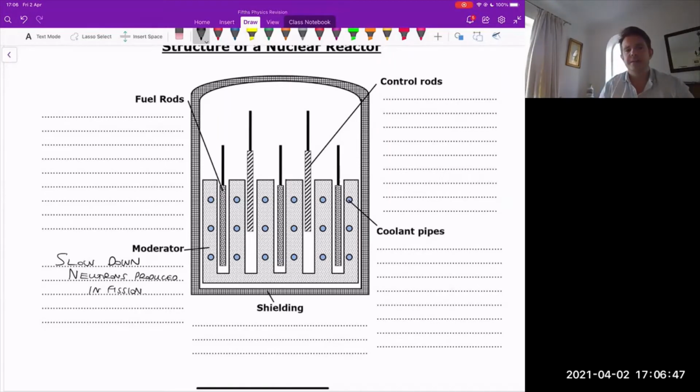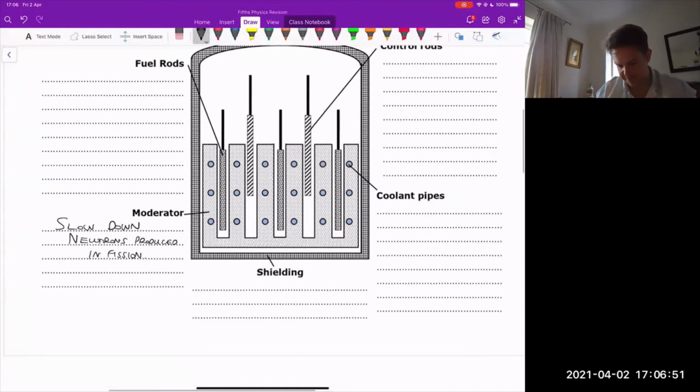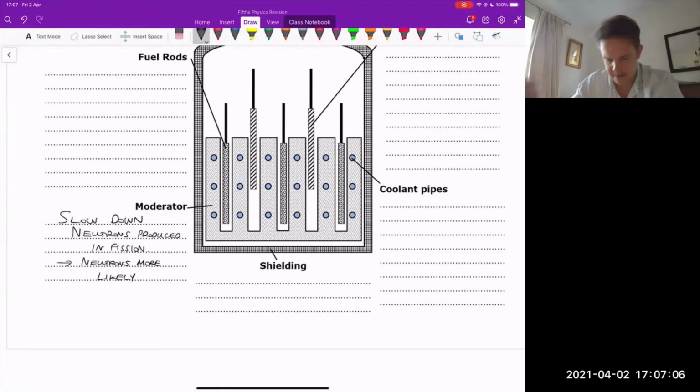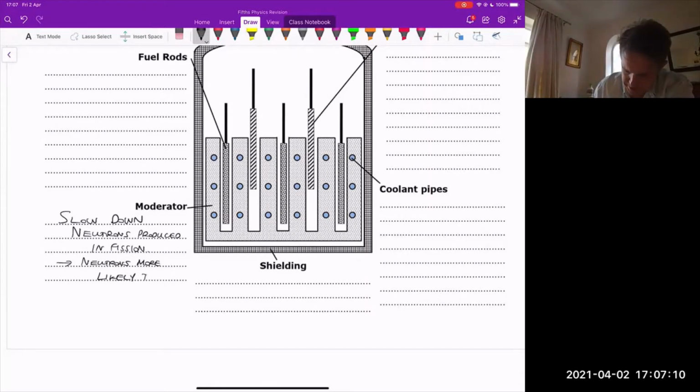So slowing down the neutrons produced in an instance of fission makes those neutrons more likely to go on to cause fission again, which is good. If you didn't have a moderator, it would be unlikely that you'd get a significant reaction rate. Neutrons more likely to cause further fission.